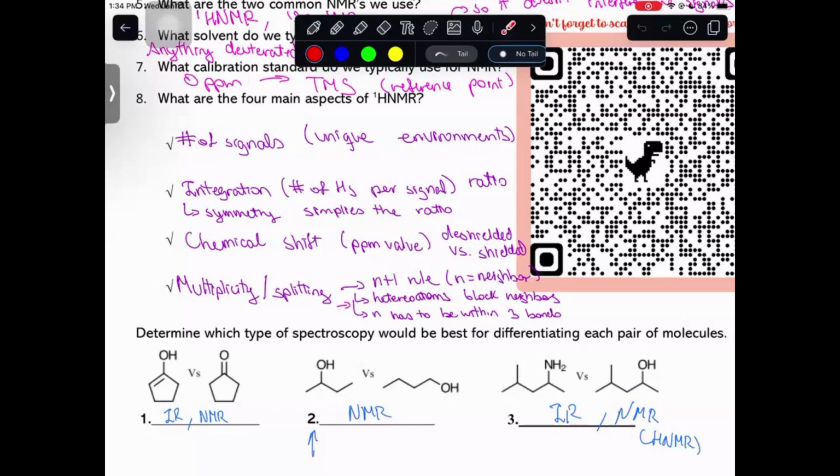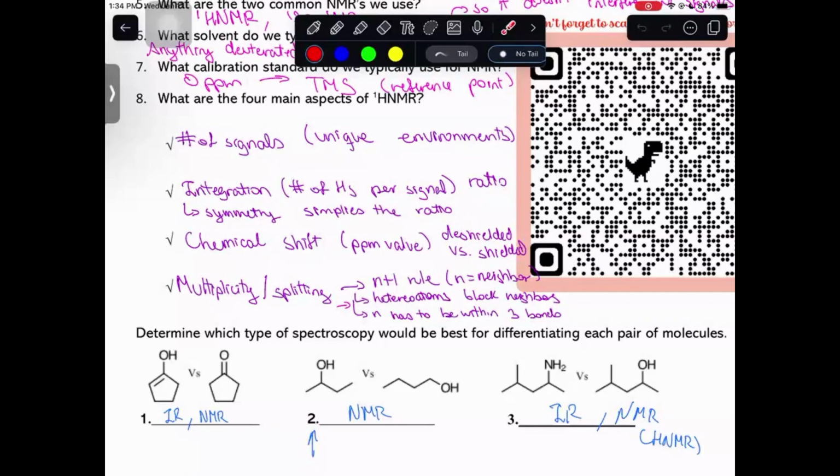Deshielded, in more simplified terms, is basically whenever you're close to anything that's very electronegative or electron dense. It's gonna be pulling away all of the electron density, leaving that hydrogen exposed. That's why they're deshielded. Shielded is the complete opposite. Those guys are very protected.